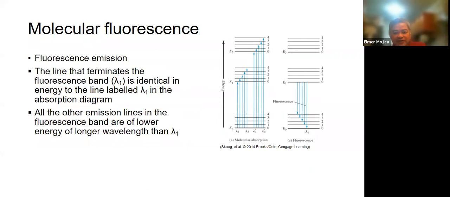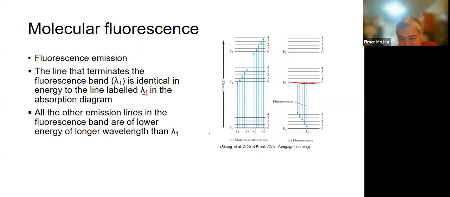So you observe emission usually from the lowest vibrational state of the excited state. And it can go to this vibrational state here, this vibrational state, this vibrational state of your ground state. The line that terminates the fluorescence band is identical in energy to the line labeled as wavelength 1.